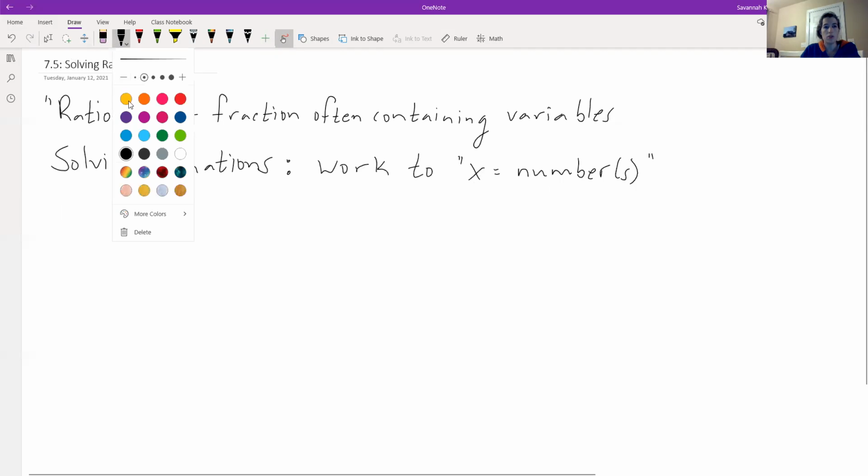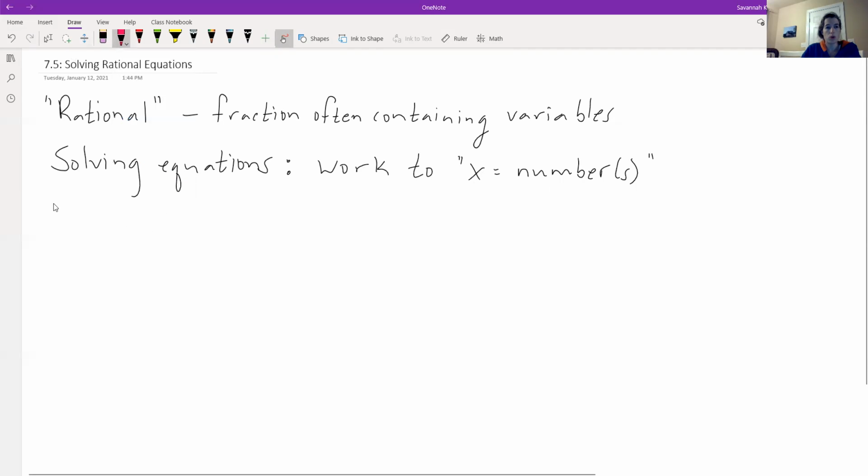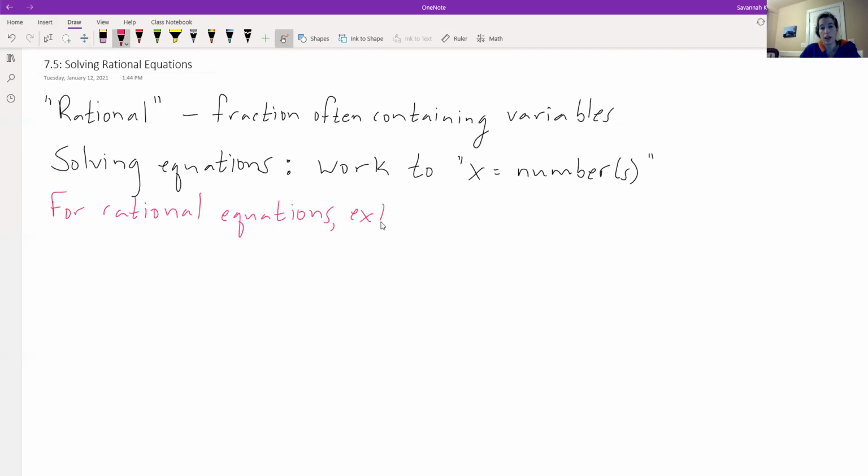Now, for rational equations, there is going to be an extra step. I feel like there's always some bad news anytime we start a new section. Even after you get to the point where you know that x equals these numbers, there's a step beyond that.